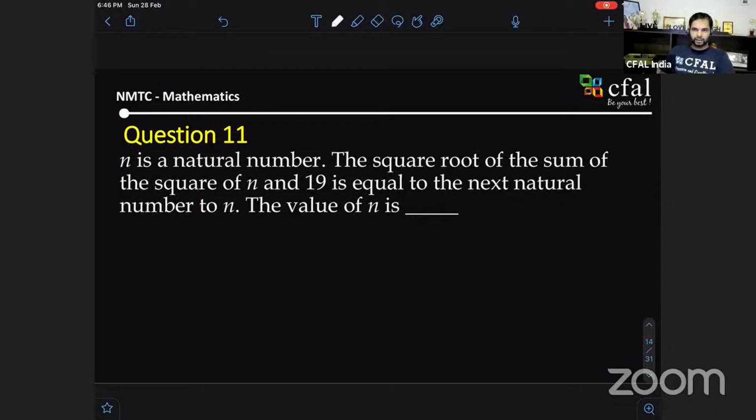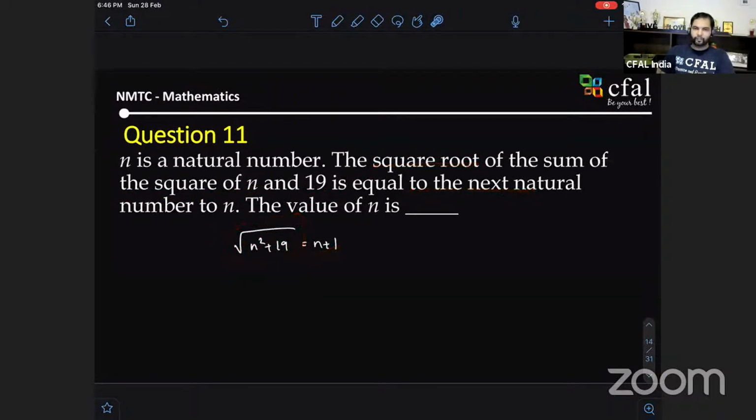What's the equation? Root of n squared plus 19 is equal to n plus 1. So you can see what is given: the sum of the square of n and 19, and the square root of that is equal to the next number.